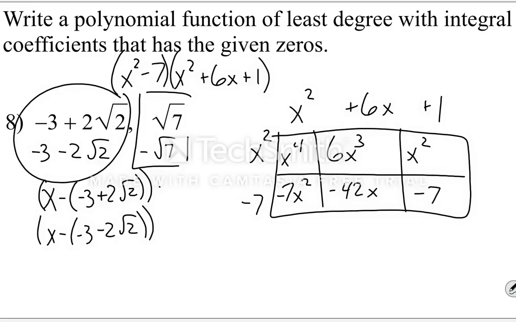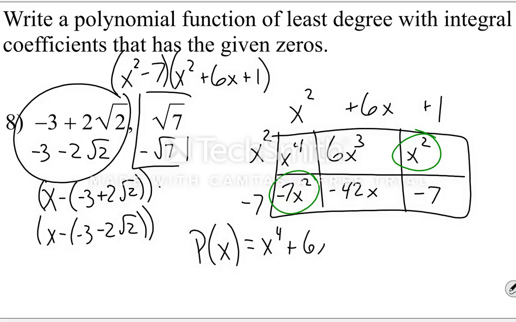Then I can rewrite it. Again, remember, most of the diagonals sometimes don't work. Diagonal and diagonal, those two do. Okay, not 6x to the third. So my answer is going to be P of x equals x to the 4 plus 6x to the third minus 6x squared minus 42x minus 7.